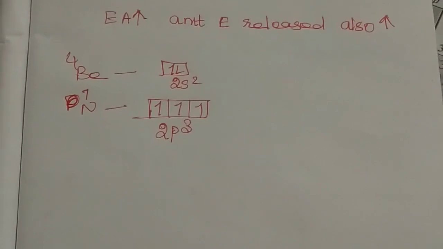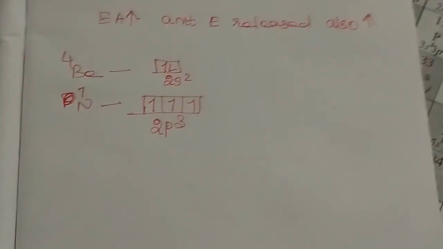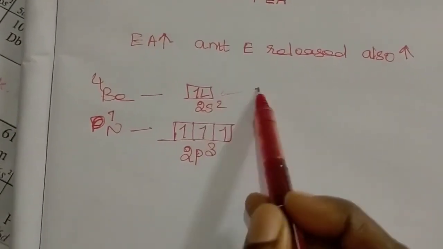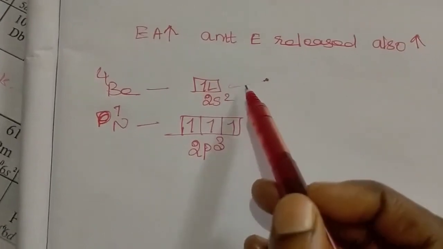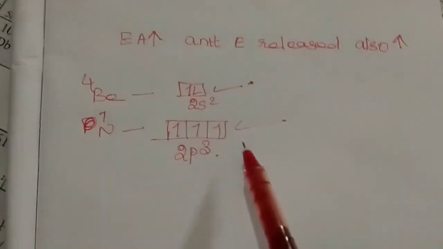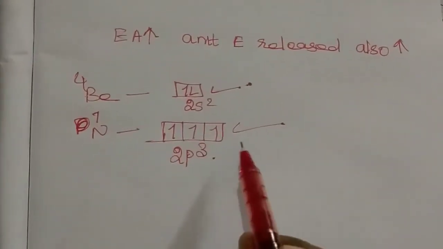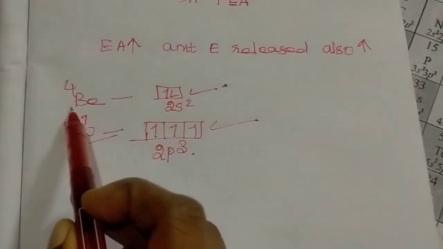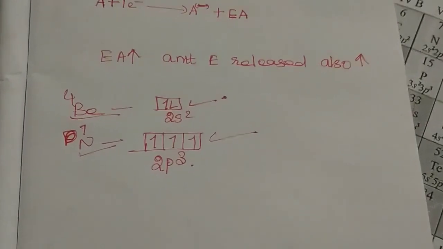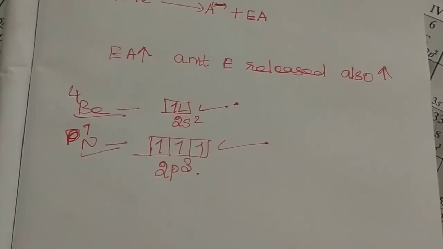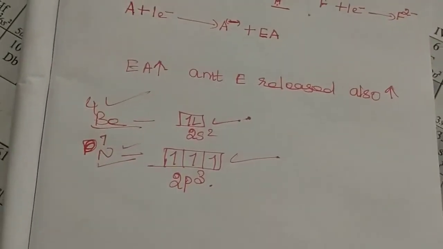Beryllium has the electronic configuration 1s² 2s². 2s² is the valence shell, with 2 electrons filled, so this is a stable, symmetrical, completely filled orbital. In nitrogen it is a half-filled, symmetrical orbital. Because of this stability, the addition of an extra electron will disturb the stability of these two elements in the second period. So we have almost zero electron affinity for beryllium and nitrogen.